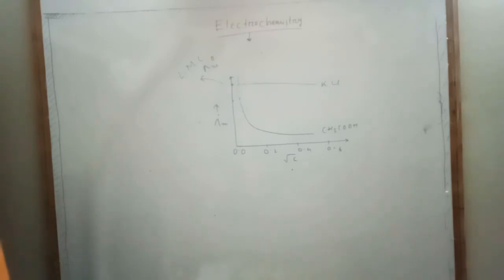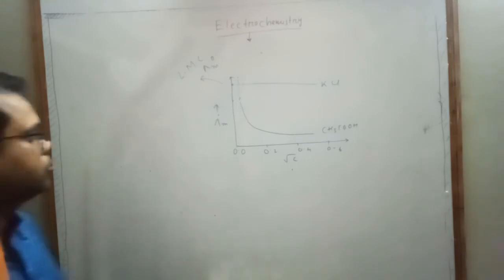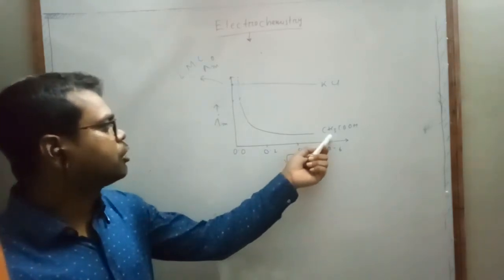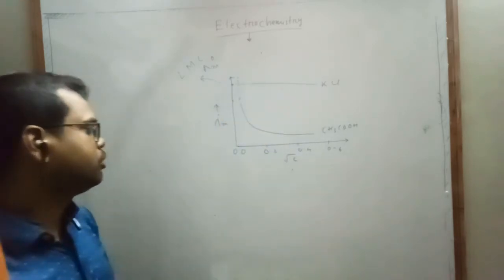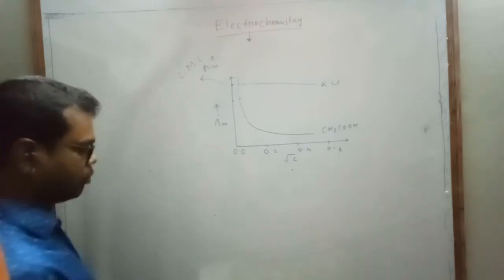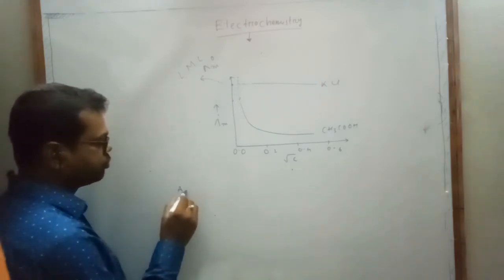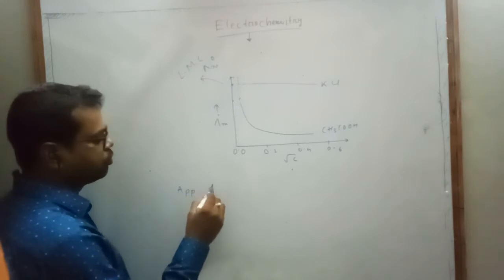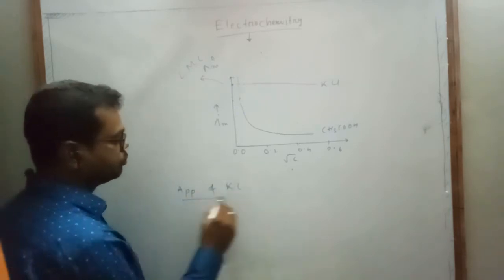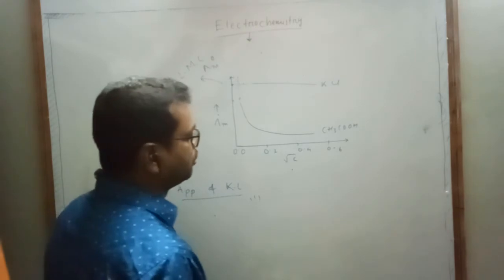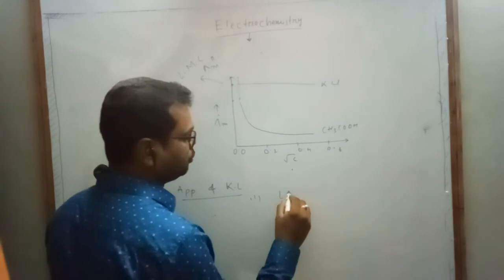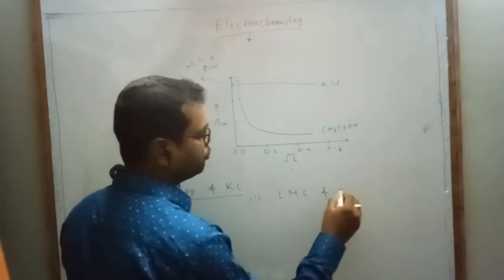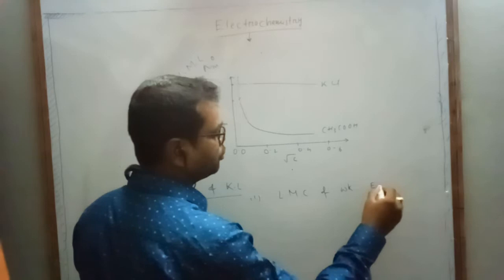So what you have learned from that is that the limiting molar conductivity for a weak electrolyte you cannot calculate directly, but the limiting molar conductivity of a strong electrolyte can be calculated. Now here we have to learn the applications of Kohlrausch's law. The first one is that from Kohlrausch's law we can find the limiting molar conductivity of a weak electrolyte.